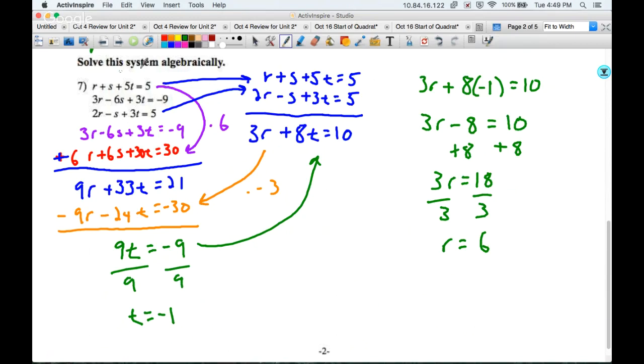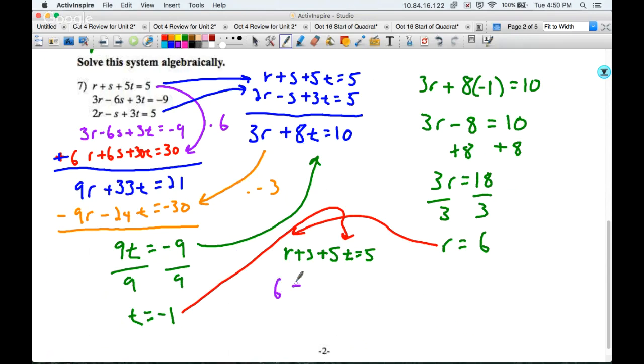And now plug those both into maybe just that very first equation. r plus s plus 5t equals 5. That in for r, that in for t.